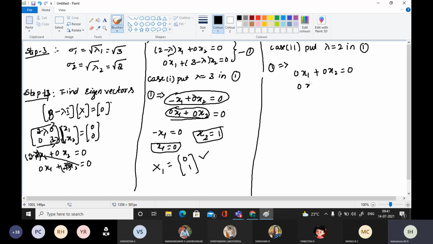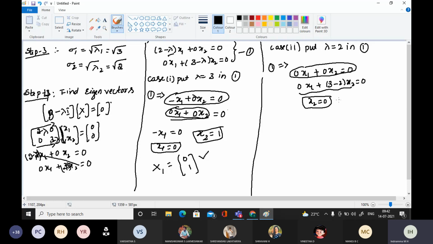Next, 0 x1 plus (3 minus 2) into x2 is equal to 0. From the first equation, I cannot find any value for x1 and x2. From the second equation, 3 minus 2 is 1, so 1 x2 is equal to 0. We got x2 as 0, right?